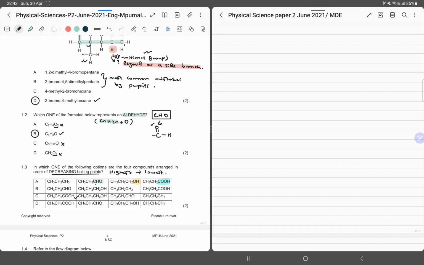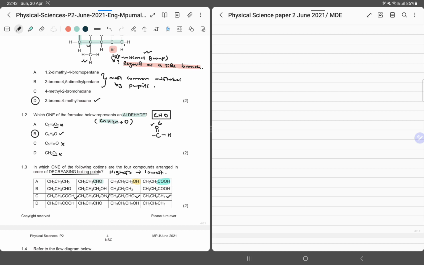The next one is going to be an alcohol, and then the next one is going to be the aldehyde. Remember, the carboxylic acid has two sides for hydrogen bonding. That's what makes it superior to a primary alcohol, which only has one side for hydrogen bonding. The aldehyde has dipole-dipole forces, which are greater than the London forces, which are the only predominant forces in alkanes, or should we say hydrocarbons.